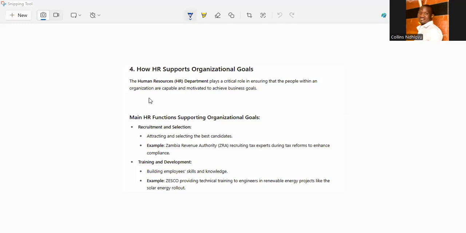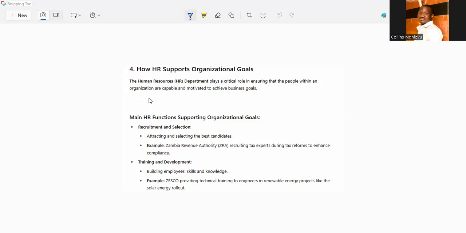So here are some of the main functions of HR. Number one is that of recruitment. All right. So HR is involved in attracting and identifying the best candidates who fit both technical and cultural needs. So recruitment is one of the strategies aligned with organizational goals.